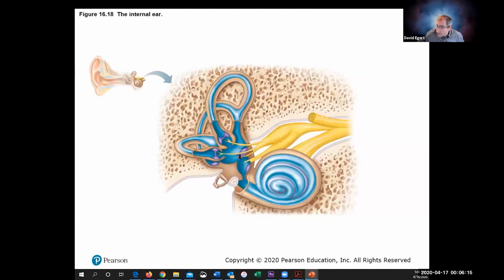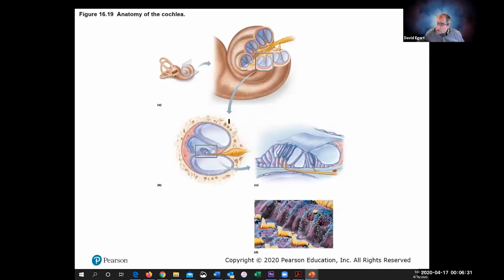Here is the inner ear. This is kind of showing the cochlea and showing the saccule and the utricle and the little crista ampullaris of the semicircular canals. You should be able to recognize the different ducts of the cochlea.